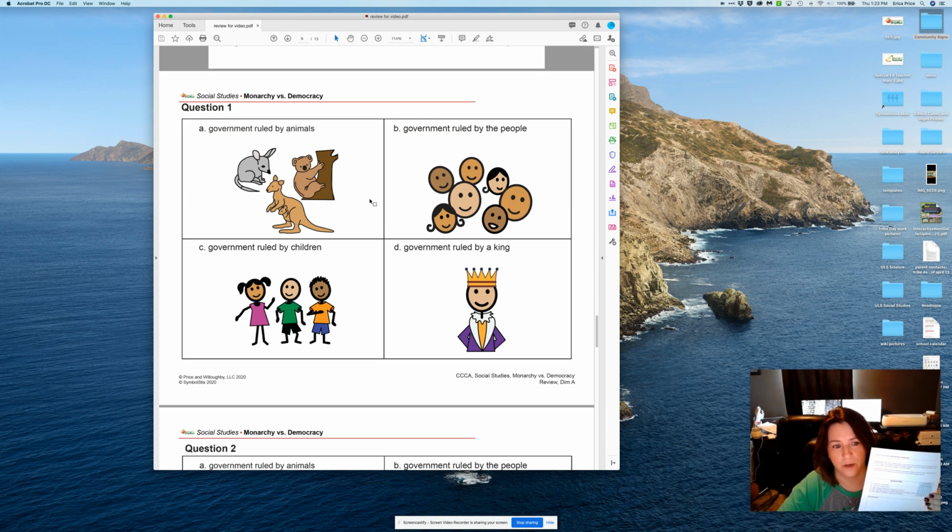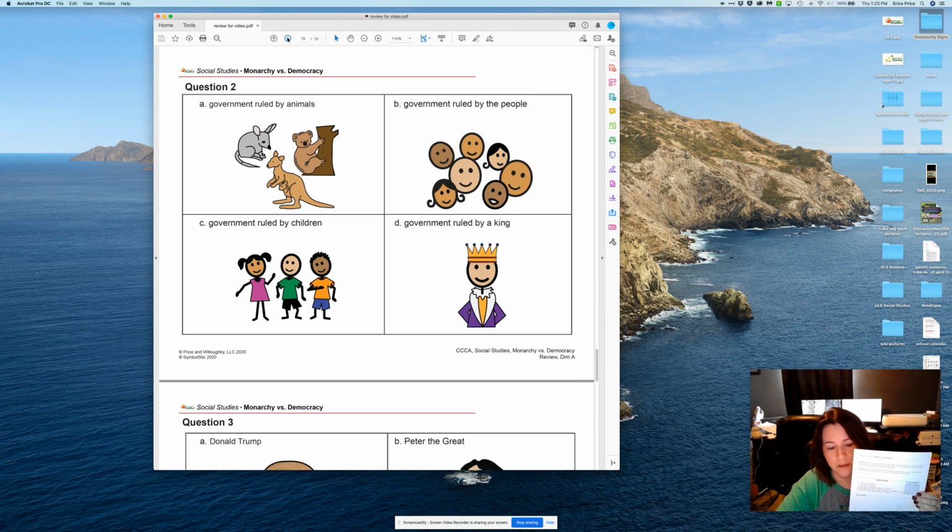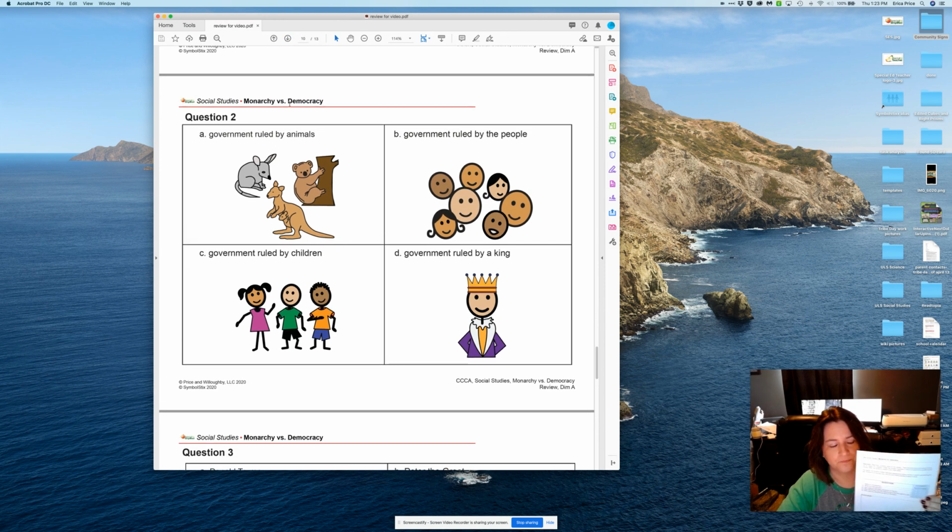Okay, are you ready? If you need it repeated, remember you can just hit pause, back it up, and listen to it again. No rush, take your time. I'm going to go on to number 2. Question number 2. Again, if you have this paper, you can answer it here, or you can just write it down on paper and pencil.